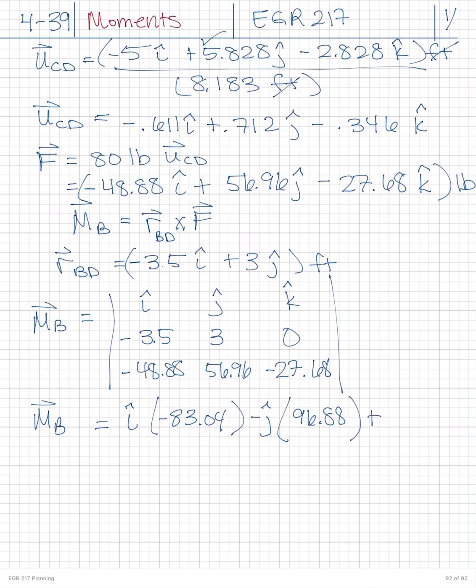And so you see, this is why it was easier to pick that position vector from B to D instead of going all the way up to that point C, because we have that 0, which makes it a little bit easier. And then plus K times negative 3.5 times 56.96.